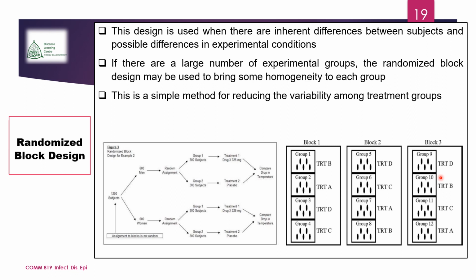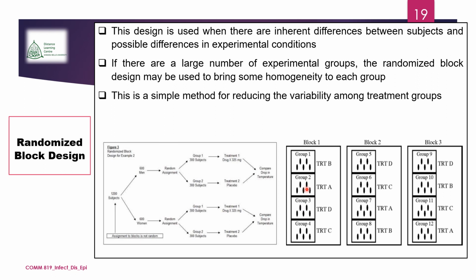But the good thing is that when you look at the blocking, all subjects in group 1, group 8 and group 10 all received treatment B, but they are all blocked, so that when there are inherent differences, whatever is happening to group 1 should be compared with what is happening to group 8 and group 10.